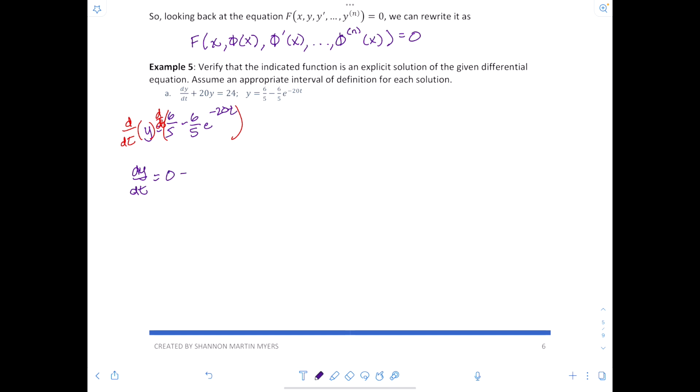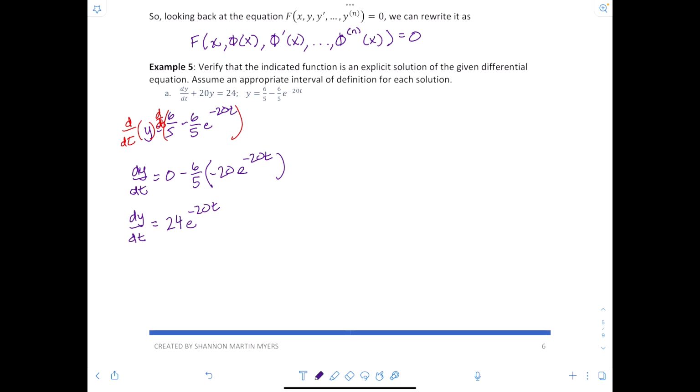And then minus 6/5 times, what's the derivative of e to the negative 20t? Beautiful. Negative 20, the derivative of the exponent with respect to t, times the exponential as we saw it, e to the negative 20t. So cleaning it up, we have dy/dt equals 24e to the negative 20t. Cool so far? All right.